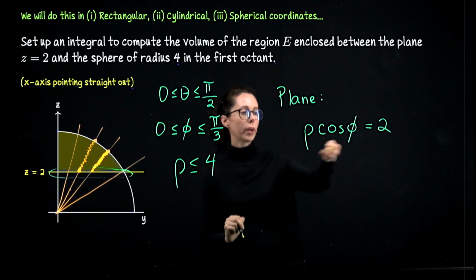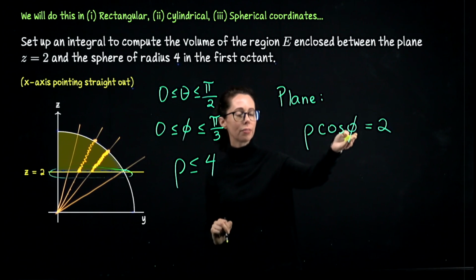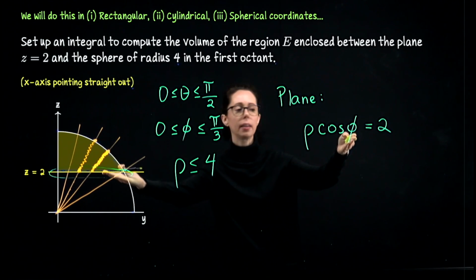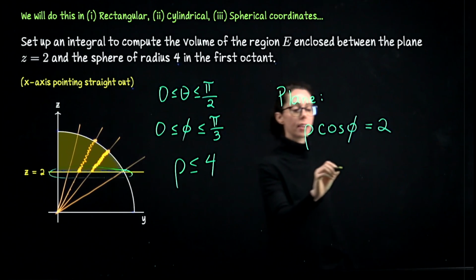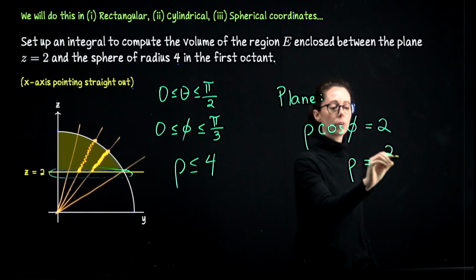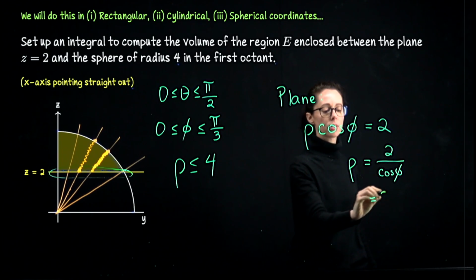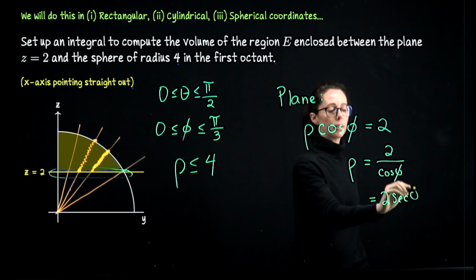And now this is an equation telling us how rho and phi relate to each other on this plane. So in particular, if I want to think of rho as a function of phi, I can say rho is 2 over cosine of phi, or in other words, it's 2 secant phi.